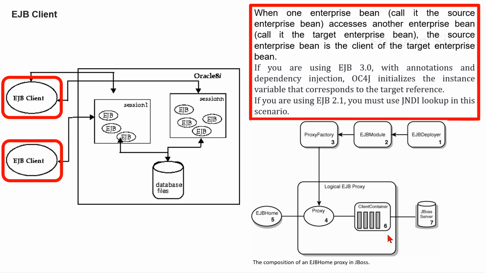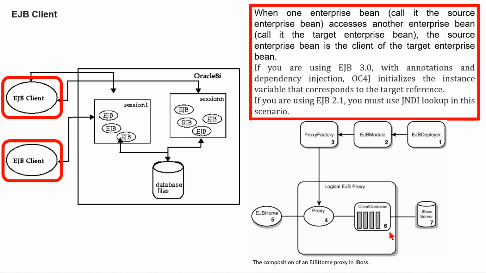A single method required of the handler is public Object invoke(Object proxy, Method m, Object[] args) throws Throwable. The EJB proxy factory creates the client container and assigns this as the proxy handler.